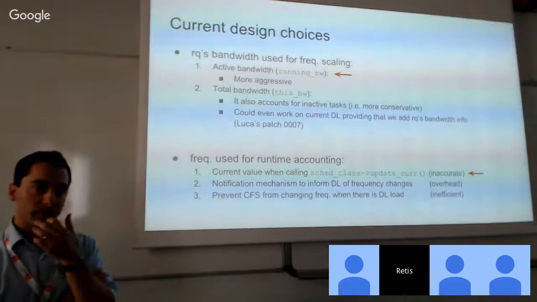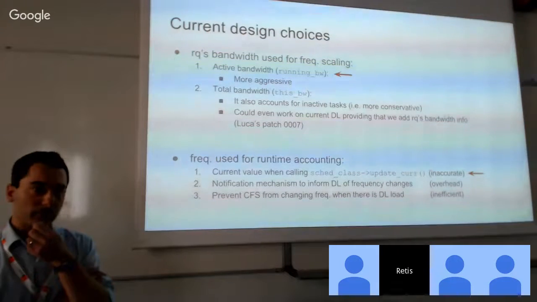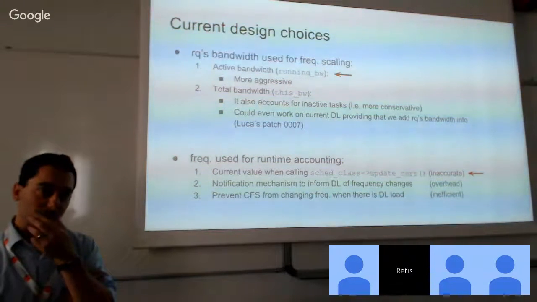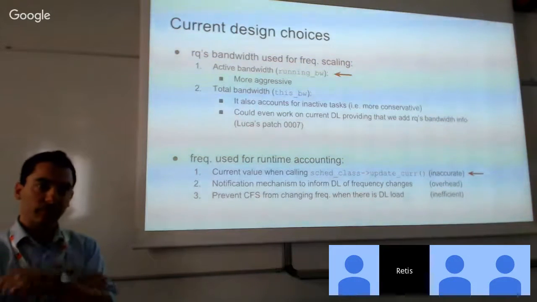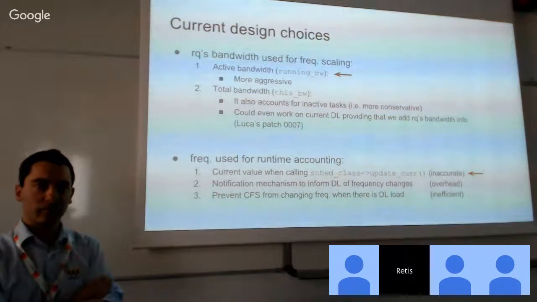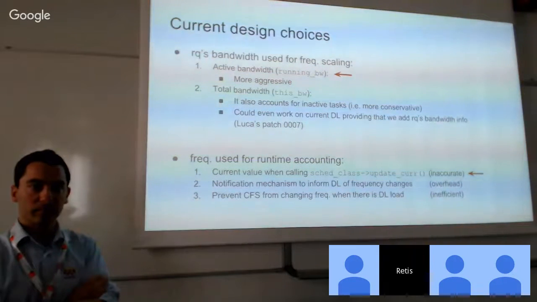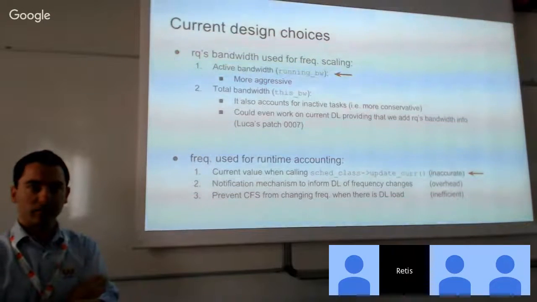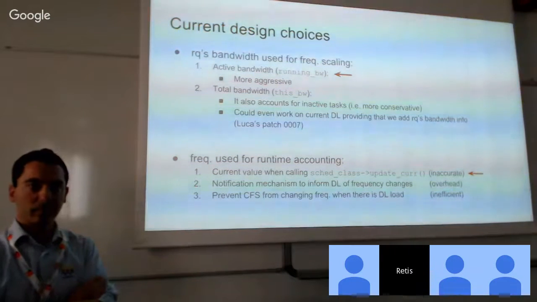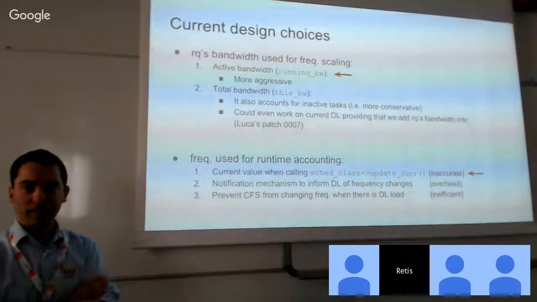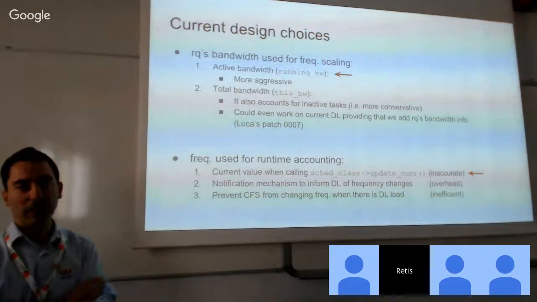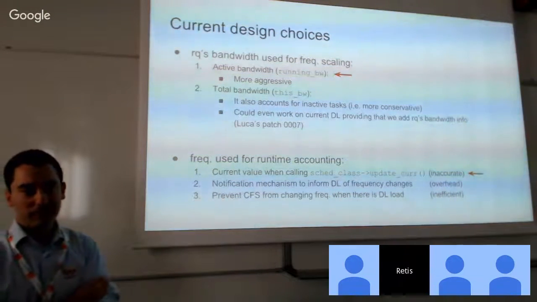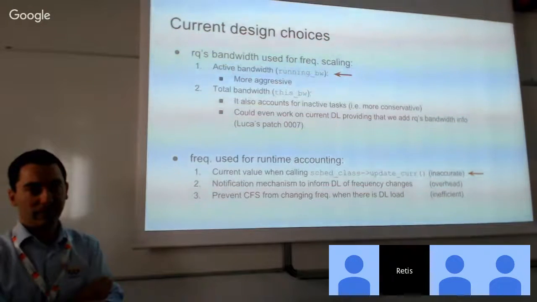Let's say you have a tick every 10 milliseconds, which is not the case, but you can have that, and then your frequency changes more rapidly. Then you'll be using the last one when you're actually doing the accounting. But I guess in practice we probably don't have the problem much. Yeah, so it's just an approximation.